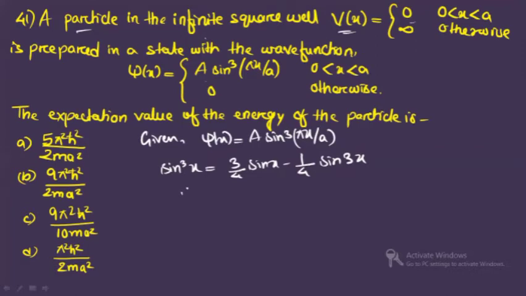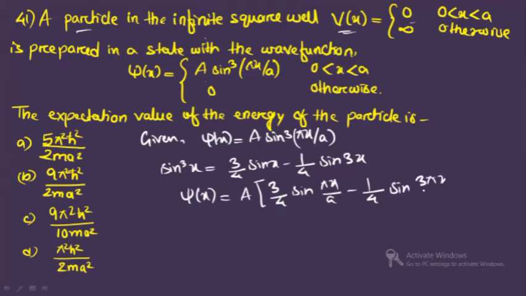So from here we can write psi x, the wave function, is equals to A is outside, right? Here you are having 3 by 4 sine pi x by a minus 1 by 4 sine 3 pi x by a, right? This is what it is.